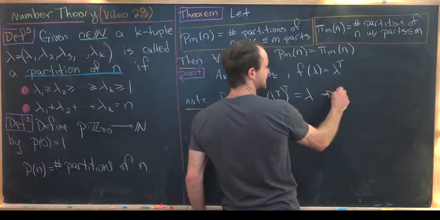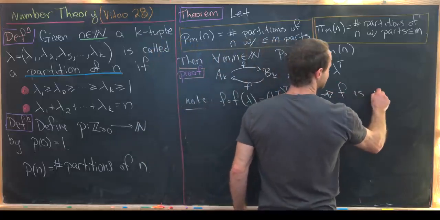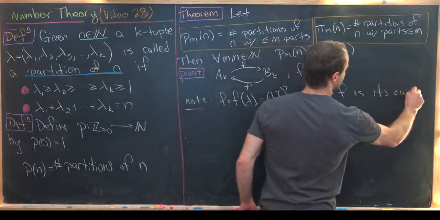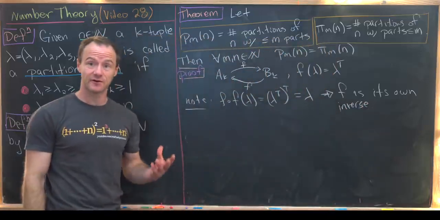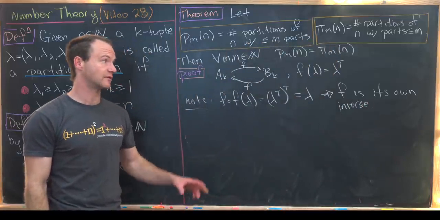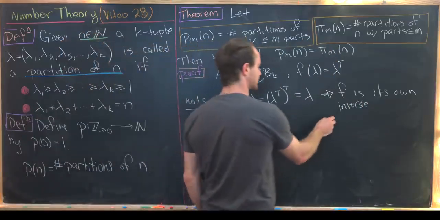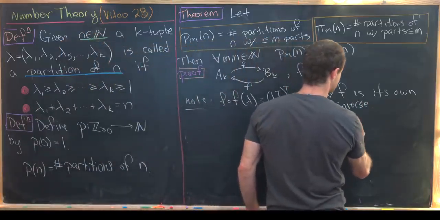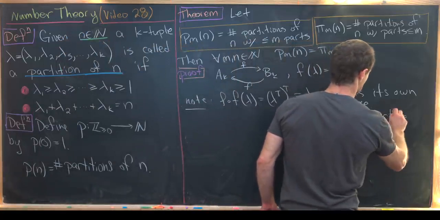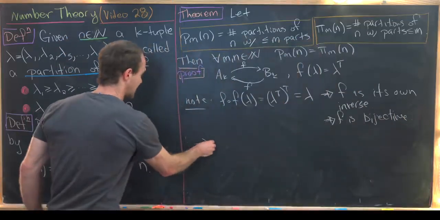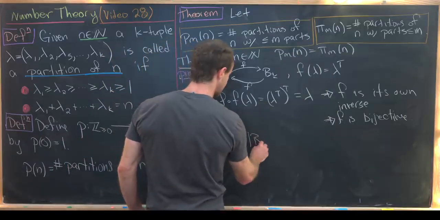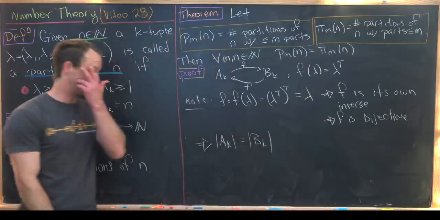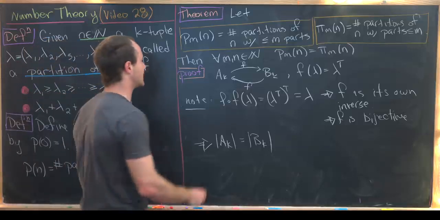So what that means is that f is its own inverse. But just the fact that it has an inverse, not even that it's its own inverse, means that f is bijective. Okay, but if f is bijective, that means the number of elements in A_k is equal to the number of elements in B_k. And now we're pretty much ready to do it.